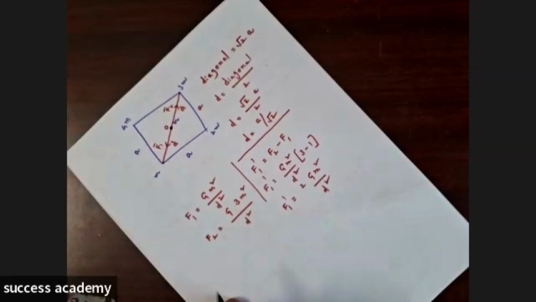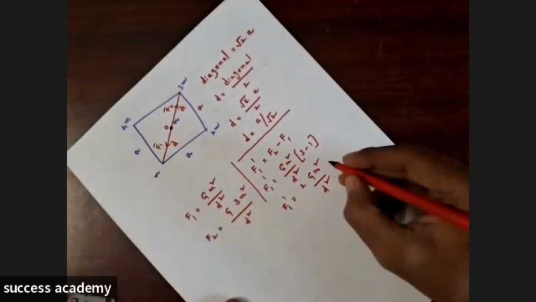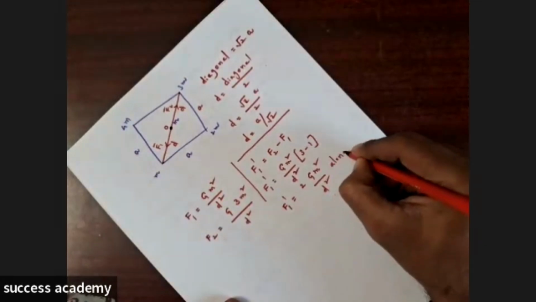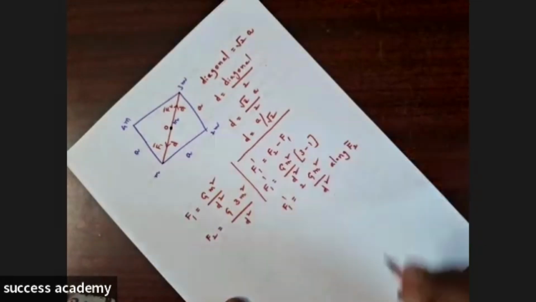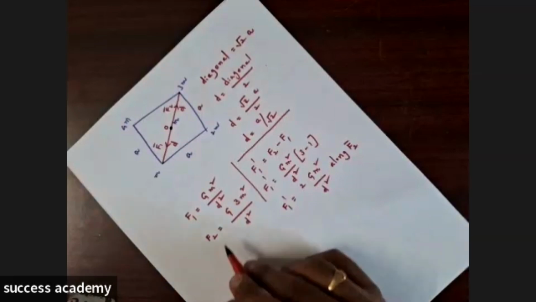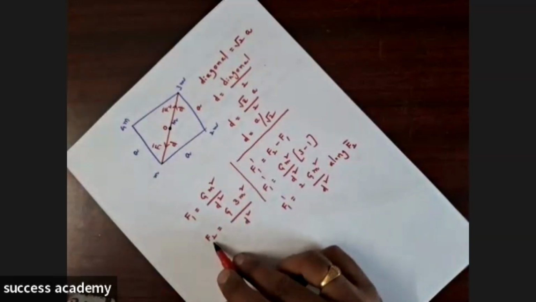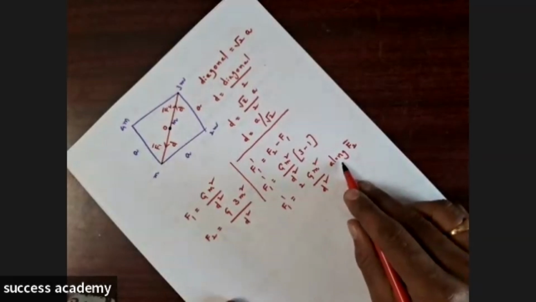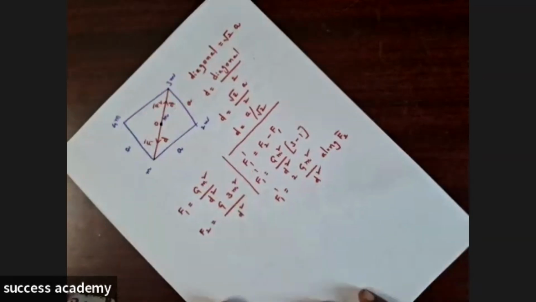So the resultant of F1 and F2 is along the direction of F2 bar, because the magnitude of F2 is greater.